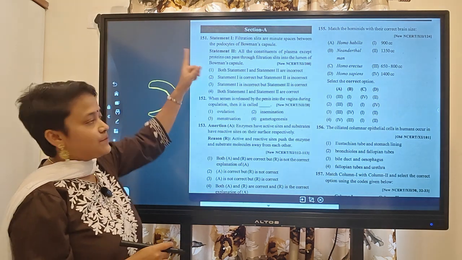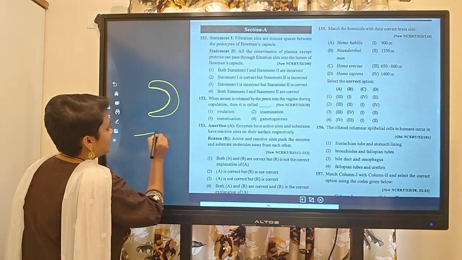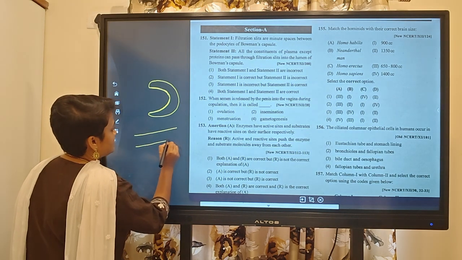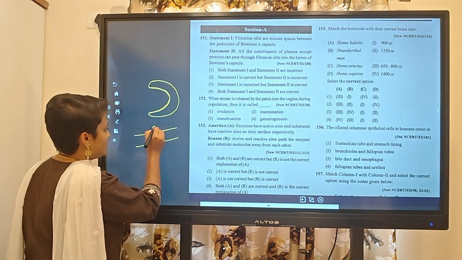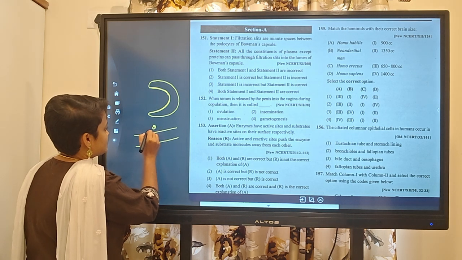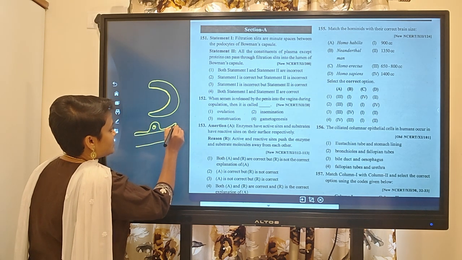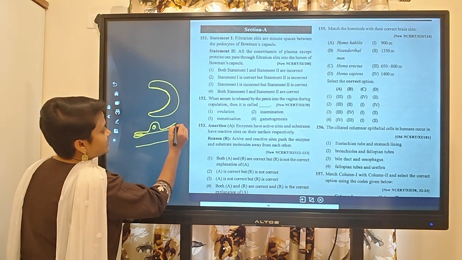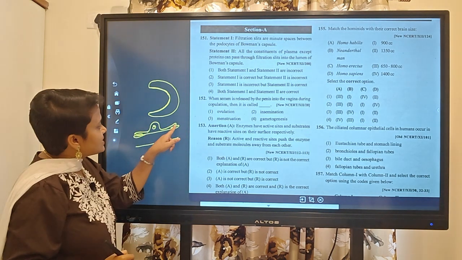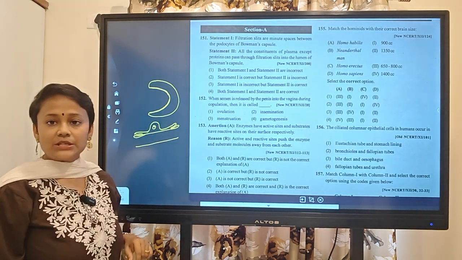So statement 1 is correct, right? If we draw the arteriole, then the epithelium of Bowman's capsule is like this. So there will be filtration slit. There will be finger-like projections, and the space here you can see, this minute space, will be called filtration slit.